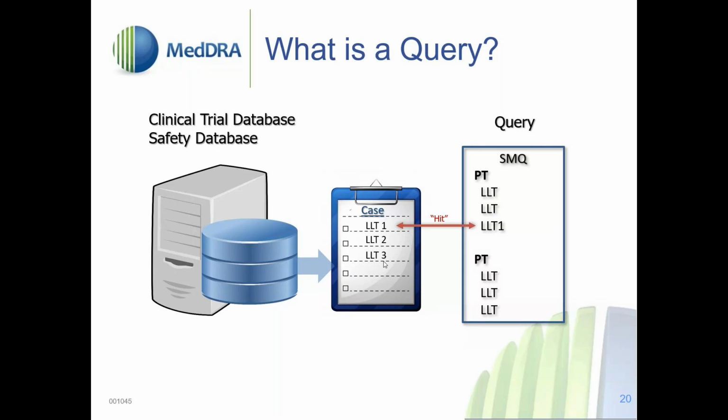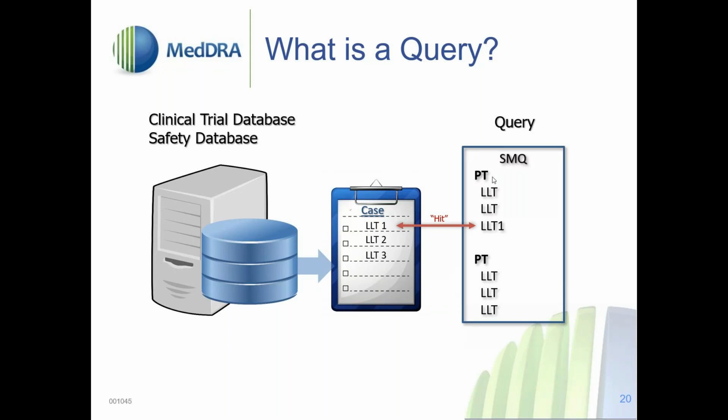Then we define our query by looking at the medical topic and combining a set of terms to display that topic in the MedDRA hierarchy. So usually we will have the description of the query on PT level, and depending on your database, you might either use it directly with the PT level, or you would break it down to the LLT level, and by convention, all LLTs under a PT which is included in a query are also included in the query.